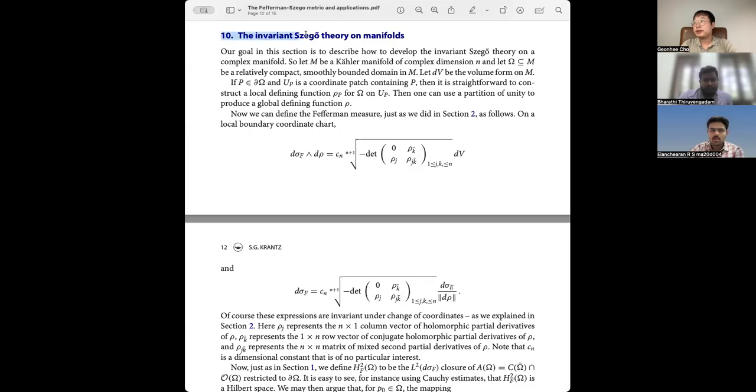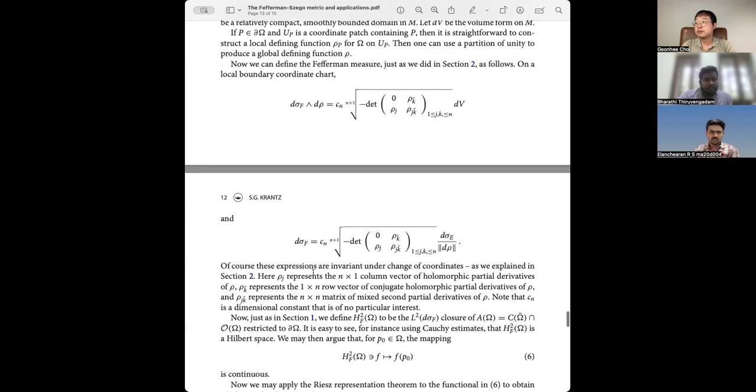And what else? It is also interesting that in Krantz's paper, she just mentioned how to define the Szego metric in the case of a manifold, not a bounded domain, but we already know it is problematic outside of the strongly pseudo-convex domain. So this definition should be problematic for a general complex manifold, right?